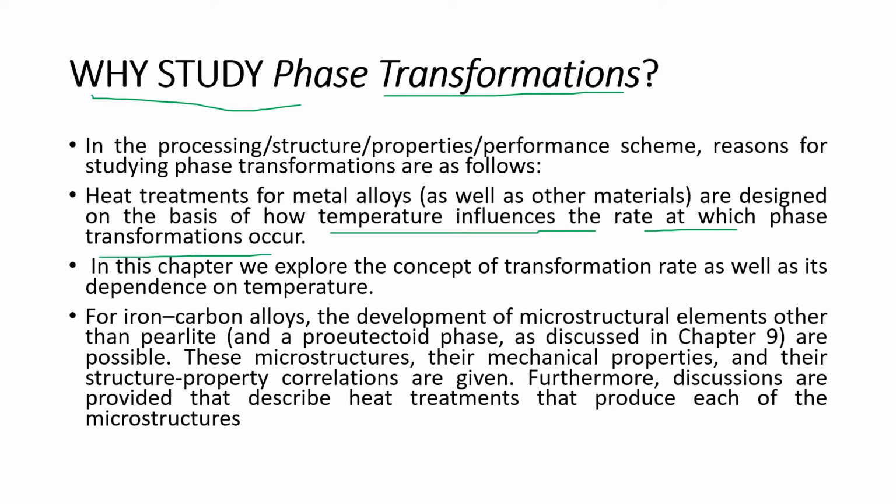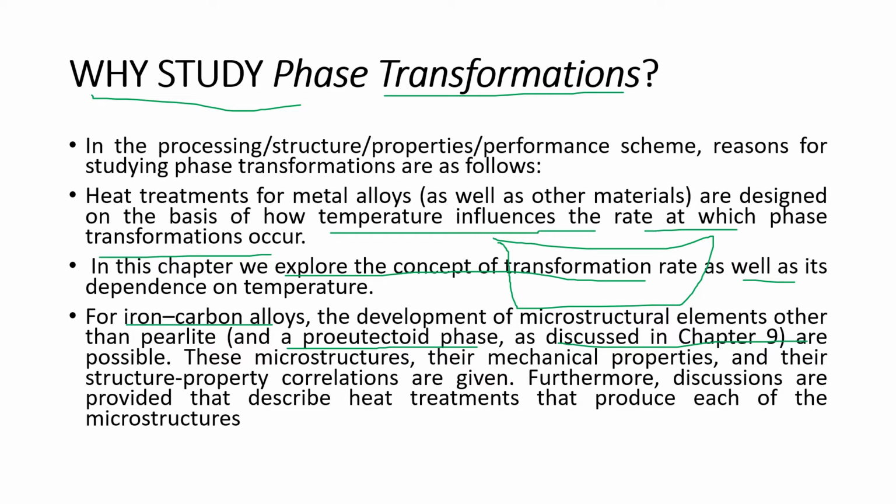So in this chapter we further explore the concept of transformation rate, which will depend upon the temperature, as well as the types and mechanism of formation, the kinetics of phase transformation. We will study these effects now. For iron carbide alloys, the development of microstructure elements other than pearlite and proeutectoid phase, as we have discussed in chapter 9, is possible.